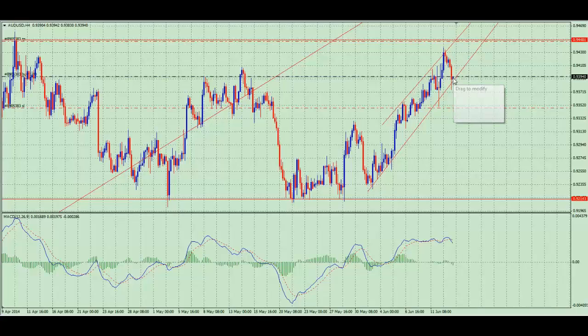So it could turn, it could push lower, it could push down to as low as it is and then carry on up. So I'm giving it a bit of room to maneuver. However, my drop dead price down here is, if it comes down here, then it's obviously not wanting to go up.